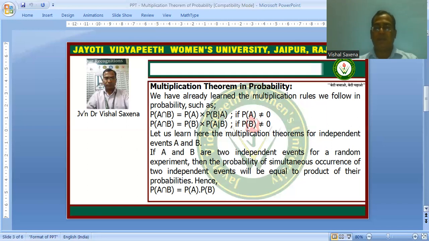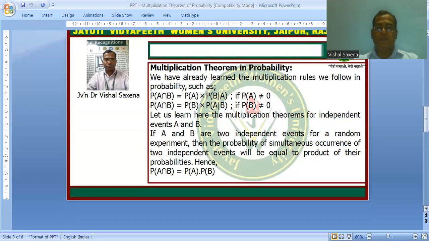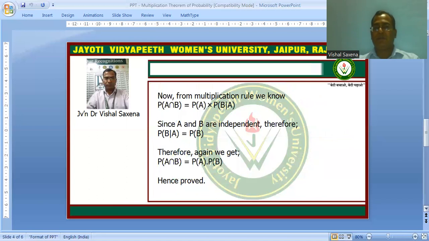In this way, the multiplication theorem can be defined for two independent events or two dependent events.